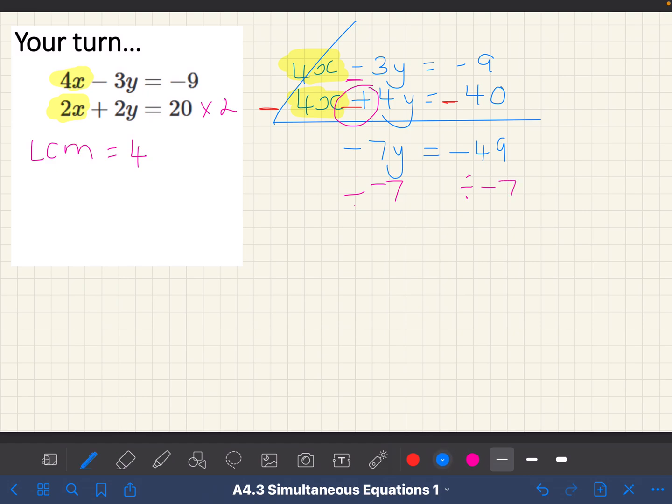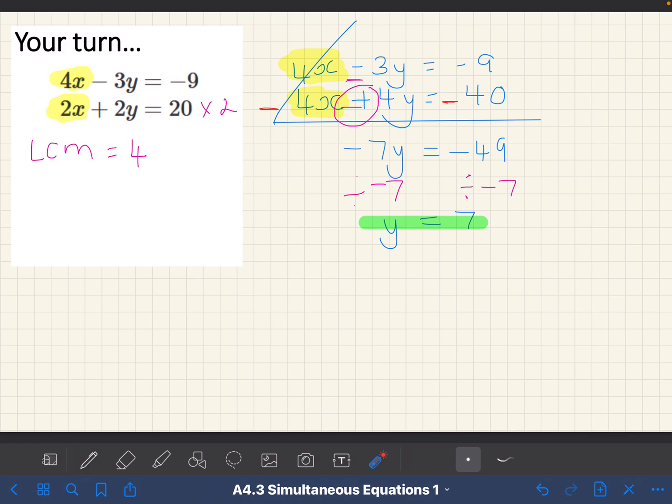That leaves us with y on its own is equal to a minus divided by a minus is a positive. 49 divided by 7 is 7. Again, remember we haven't finished at that point because even though we've worked out the value of y, we still need to work out the value of our x values.